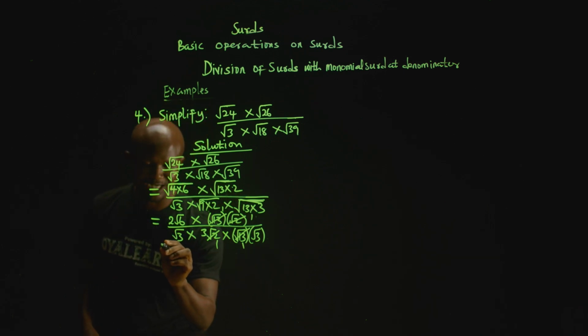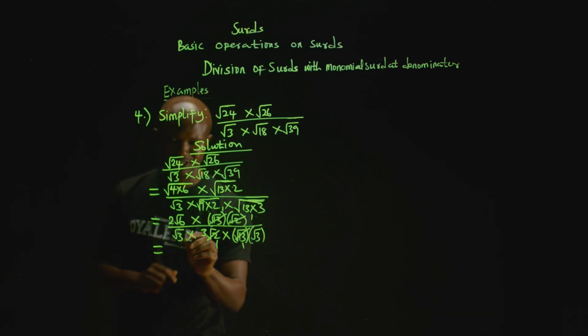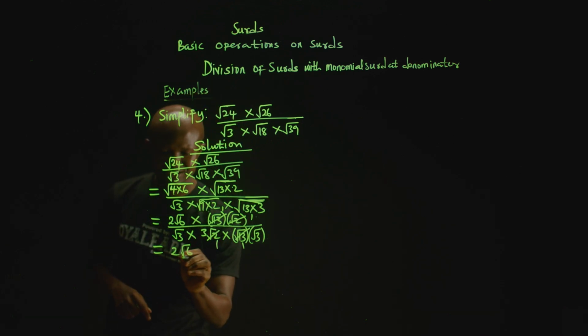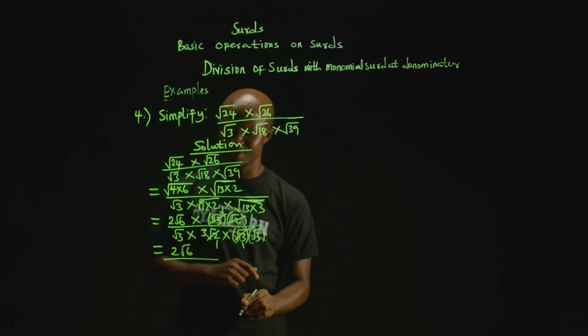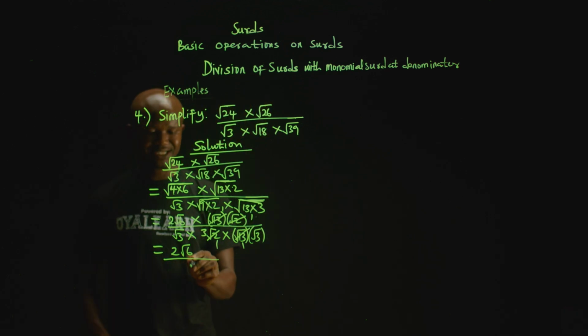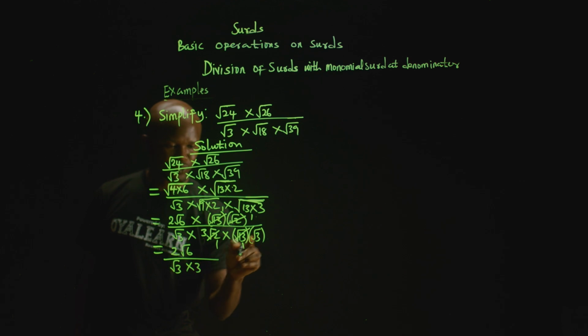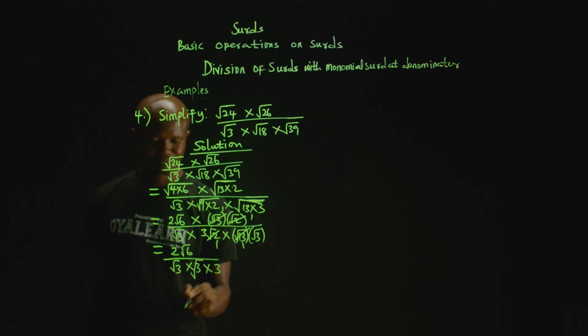Now, simplifying further. At the numerator, we now have 2 root 6 times 1 left. That is 2 root 6. While at the denominator, we still have 3 here. Don't forget, we have 3. So in this case, at the denominator, we have root 3 times 3. We can bring this root 3 together, then times 3.